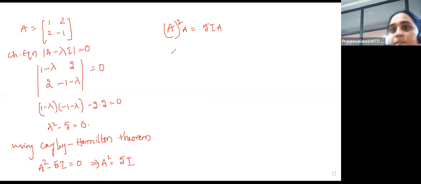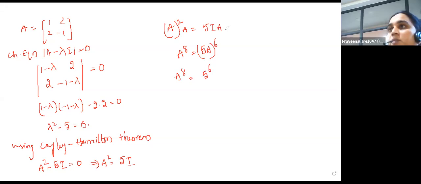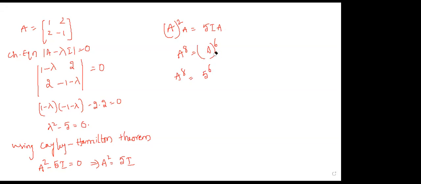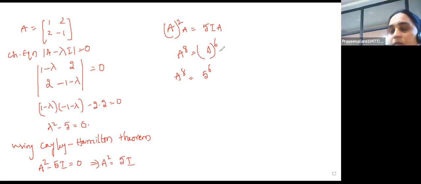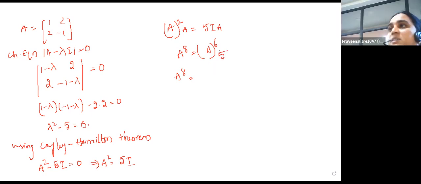A power 8 is equal to 5 into A power 6. Right. Here 5 comes in place of A power 4. A power 8 is equal to 5 into A power 6. In place of A power 6, write A square into A square into A square, right?